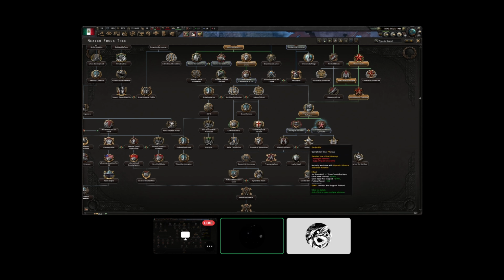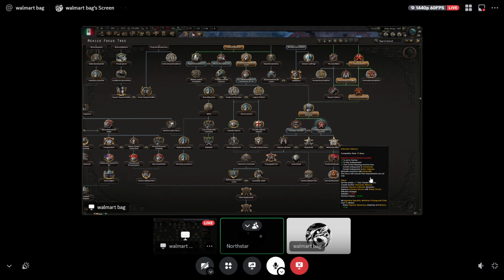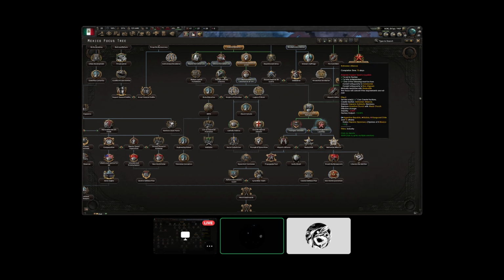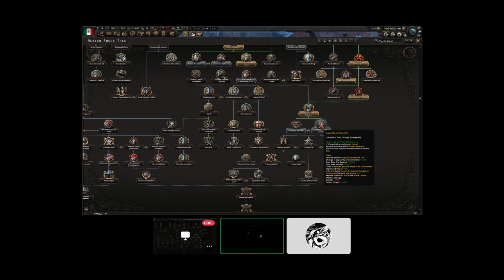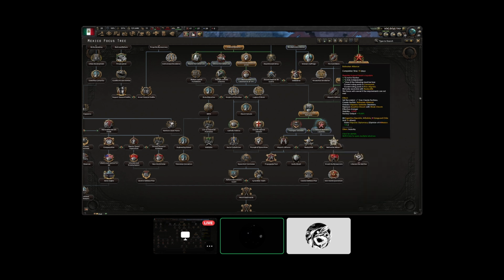But if you zoom in your screen a little bit so that viewers can see it more, the difference is that Bolivarian alliance weakens the Catholic Church, which is dangerous because support Spain's loyalists will turn them to weak, and so Bolivarian will reduce them to atheist state, which will cause a Cristero war. It might not look like it right now, but that's because you haven't finished the focus before it. That will update and it will say reduces to atheist state once support Spain's loyalists is done.